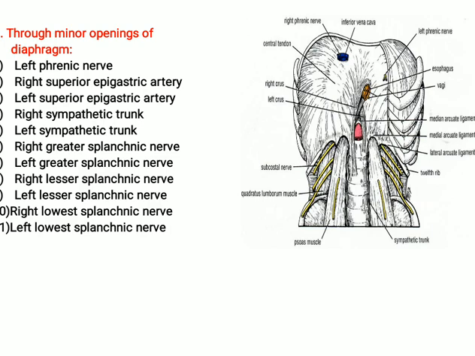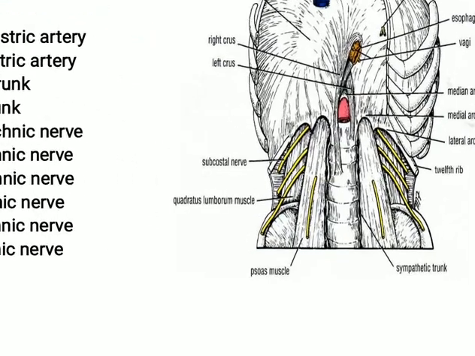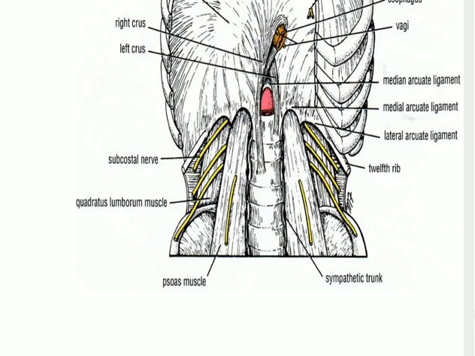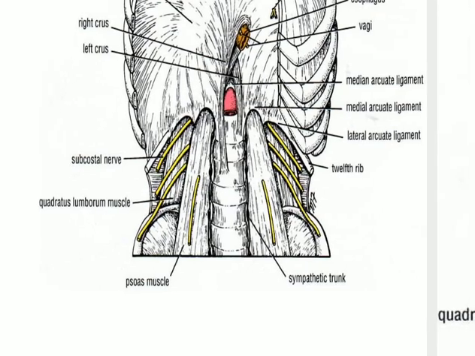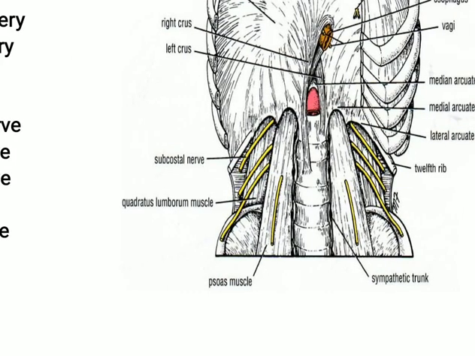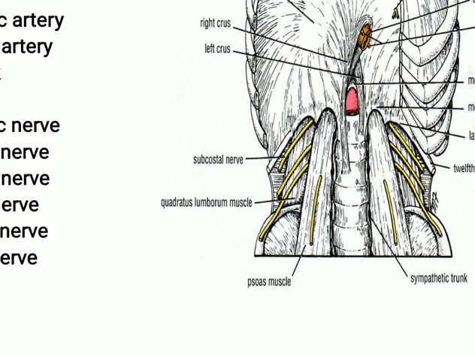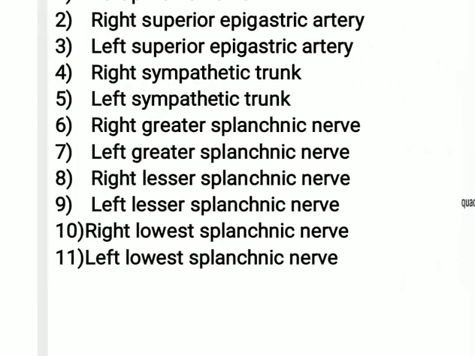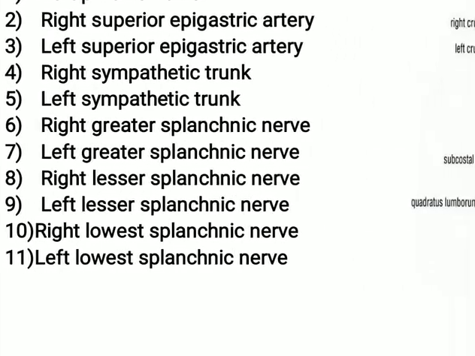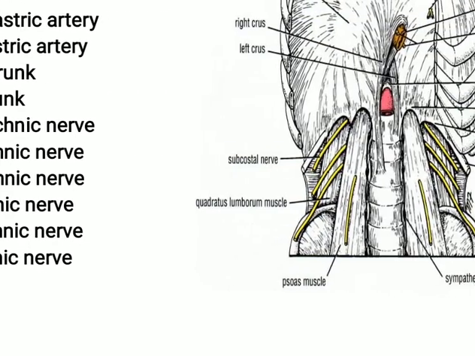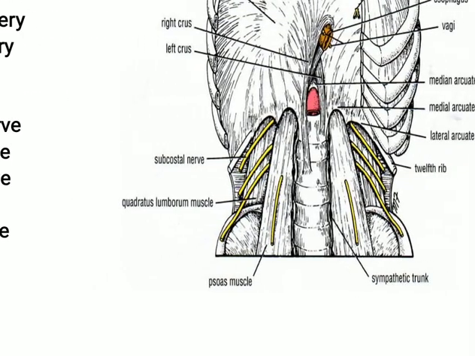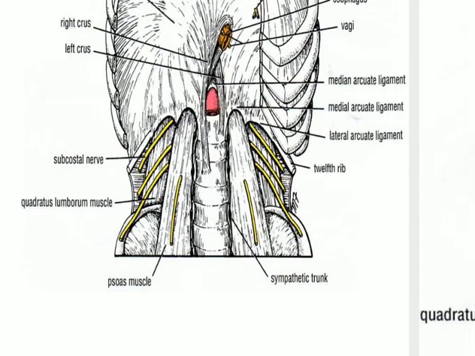Then right greater and left greater splanchnic nerve, right lesser and left lesser splanchnic nerve, right lowest and left lowest splanchnic nerves. So this can give us a better overview of where we can see each of these structures that are passing through the minor openings. There are quite many and quite difficult to observe on this structure.